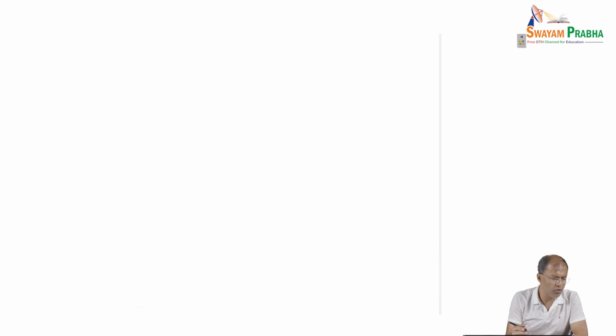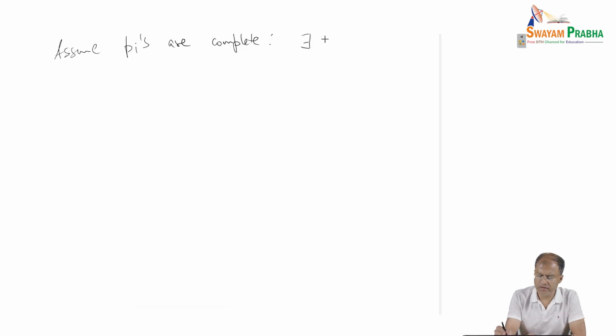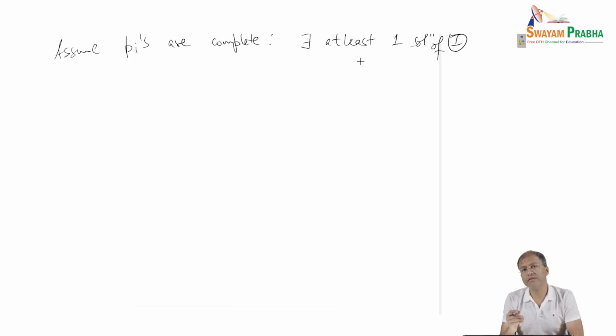Now suppose we assume that the Pi's are dimensionally complete, so assuming that the system can be solved, then what happens? There exists at least one solution of equation set 1, right? So at least one solution implies that we could have more than one solution. Coming back to the idea of linear algebra, we could introduce the concept of null space and the codimension space.